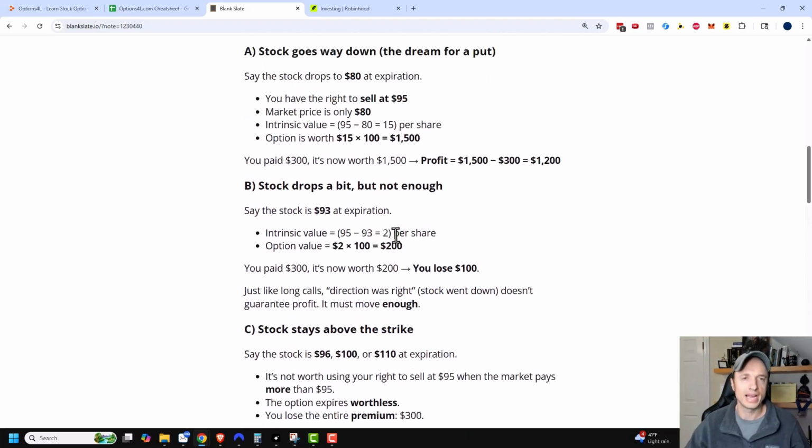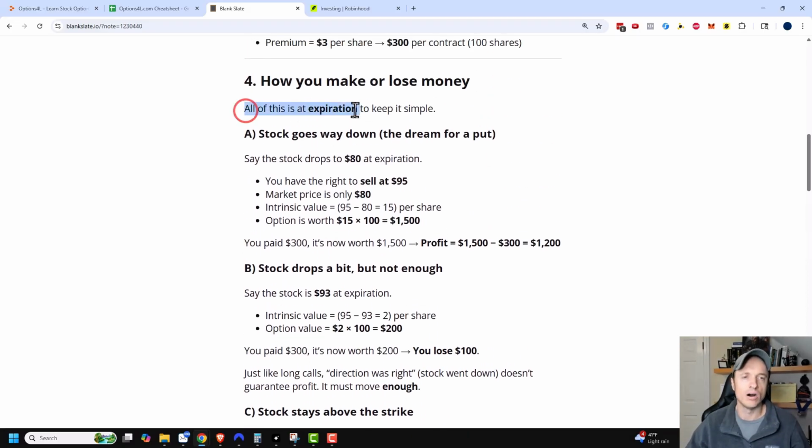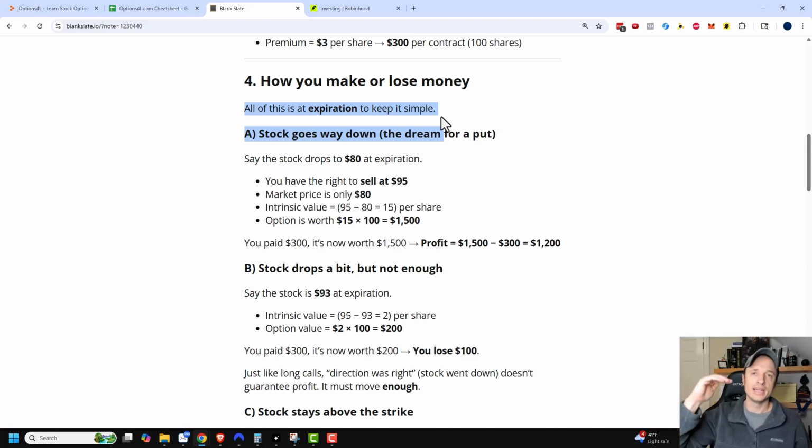Now, I do want to circle back and point out that these three examples were all at expiration, so that's if you wait till the end when your stock option expires. In between, you could go ahead and sell your options. So maybe the stock price starts going up. You could sell your put options, and you'd probably still sell them at a loss because they've lost that intrinsic value, but you might not lose your whole $300 premium.